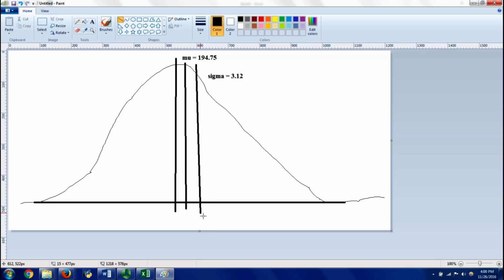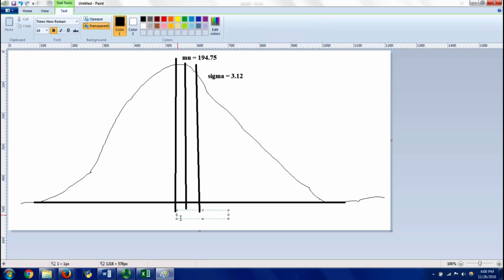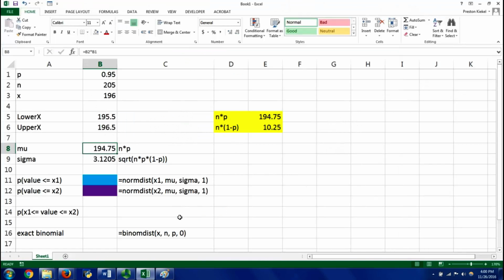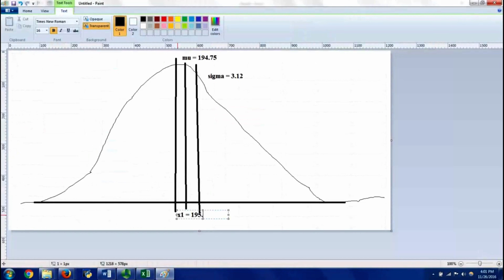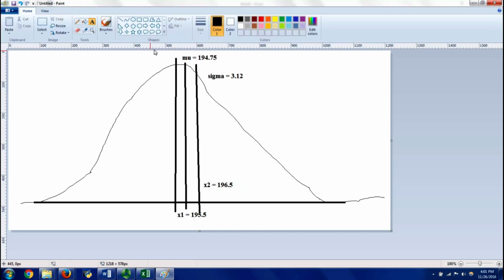It does not have to be to scale, it's just something I can wrap my head around. x1 equals 195.5, and x2 equals 196.5, and that's what we've got. I'm going to shade in the area in between, in red, and I'm looking for the red area.